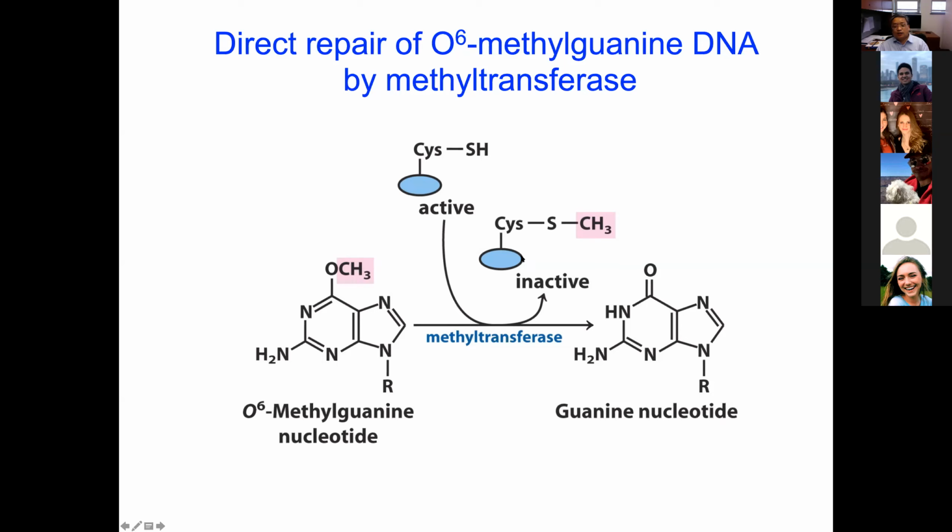And you see, once this enzyme is modified, its active site has reacted with a methyl group, and it can only do one round of reaction. It is a very expensive process to fix this modification of the guanine nucleotide.